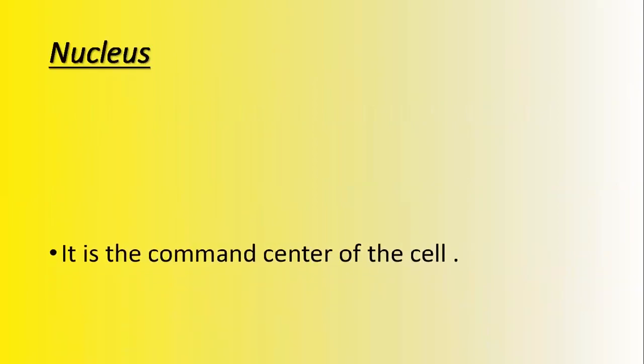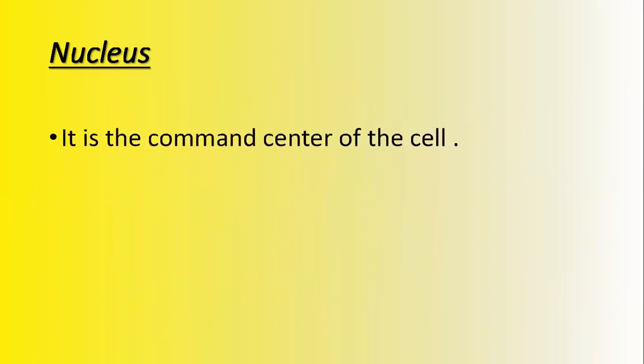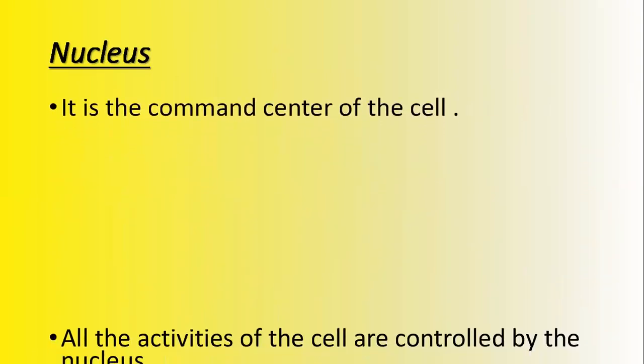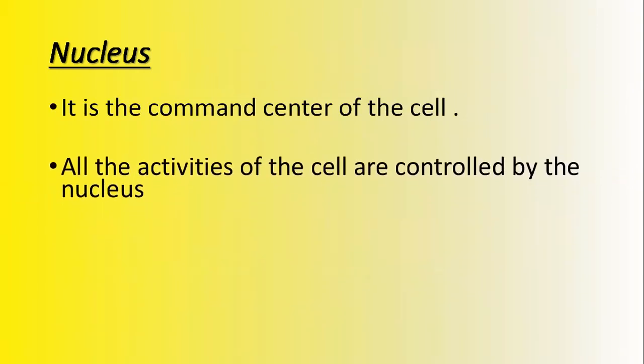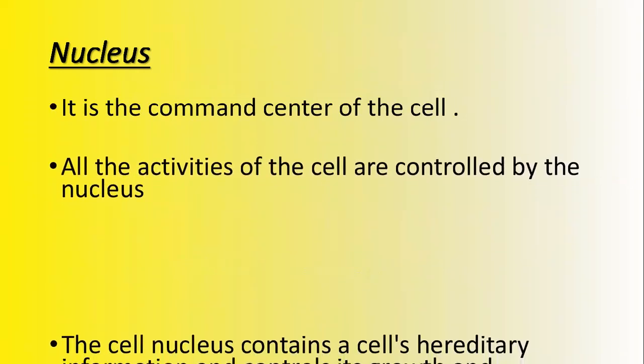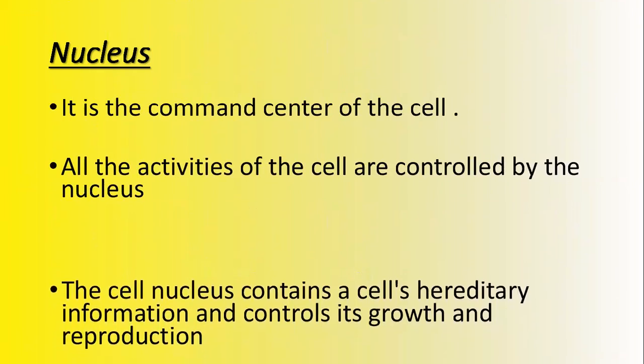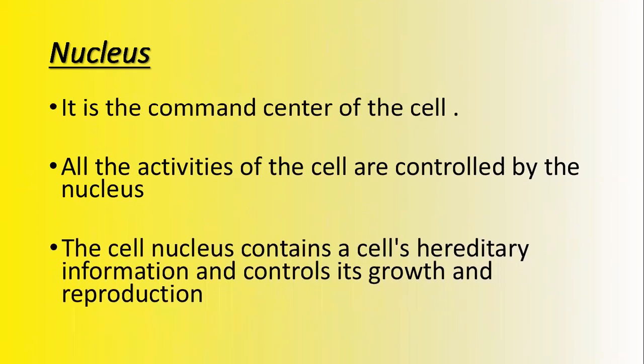Now nucleus. It is the command center of the cell. All the activities of the cell are controlled by the nucleus. The cell nucleus contains the cell's hereditary information and controls its growth and reproduction.